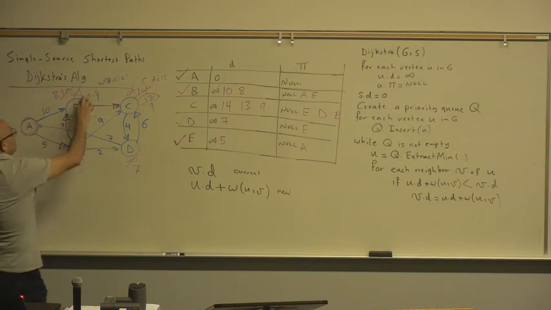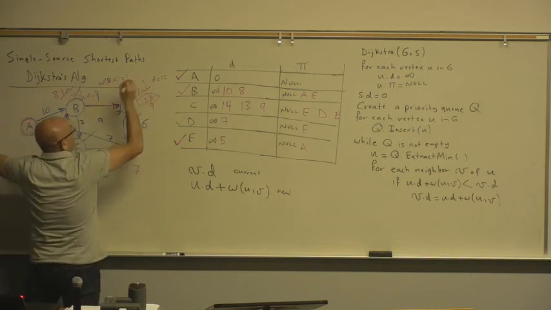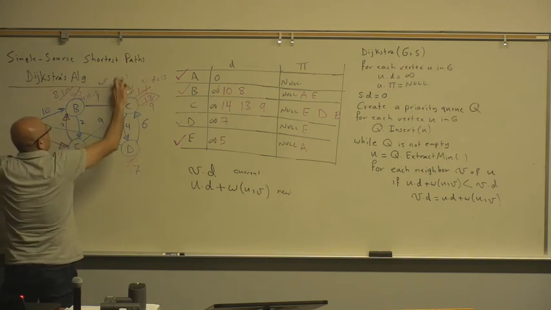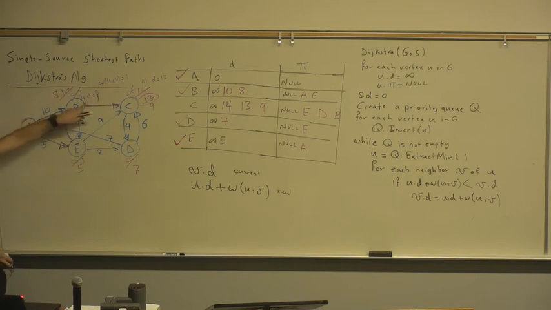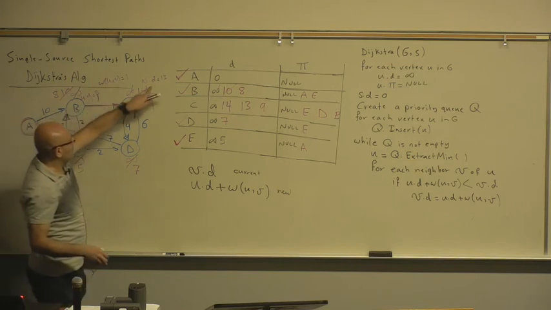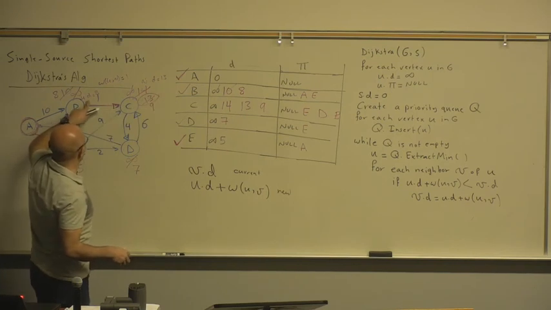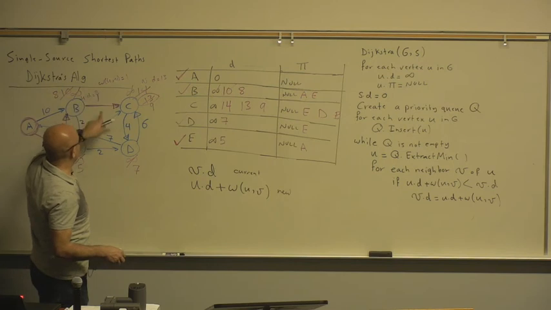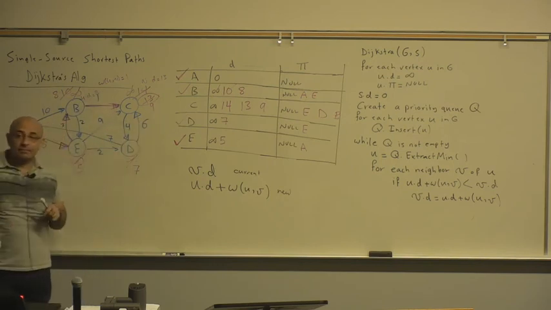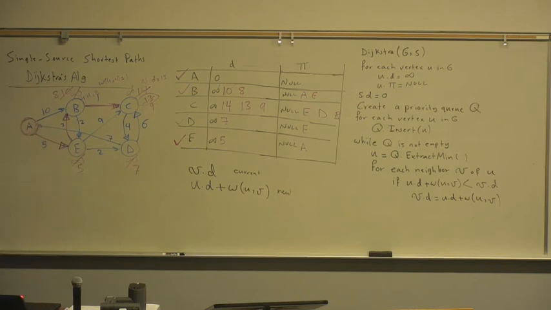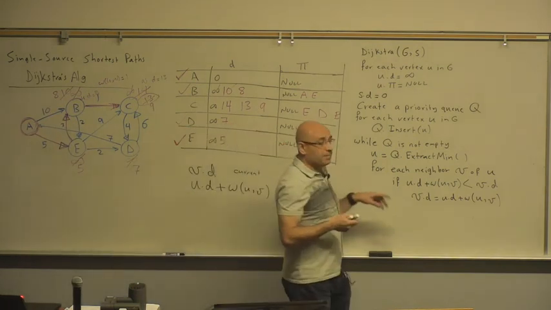So in fact, let's write it U and V. So this was the U, this was the V, and that was the w of U and V. So the distance of the U is 8, the distance of the V is 13, but the distance of the U plus the weight of UV, which is 1, is 9. So we updated this to 9. Okay? So this is Dijkstra's algorithm.